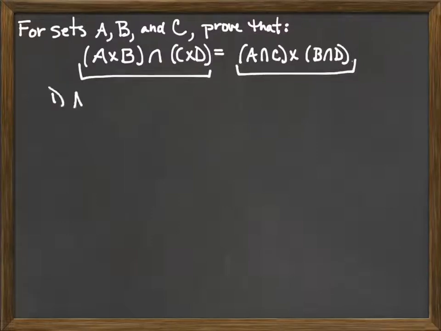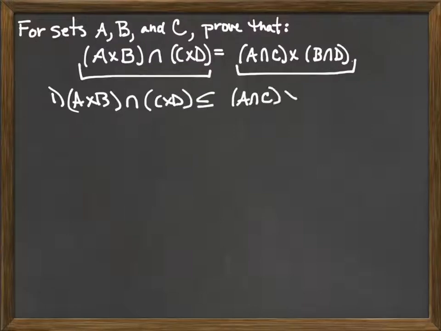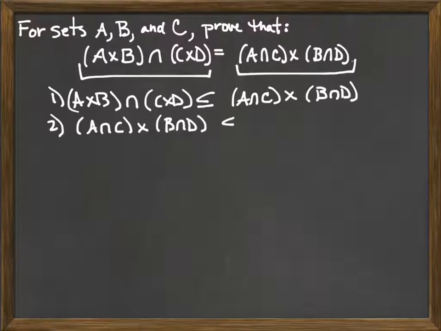We will need to show that A cross B intersect C cross D is a subset of A intersect C cross B intersect D, and we need to show the other one, that A intersect C cross B intersect D is a subset of A cross B intersect C cross D. So once we have shown both of those things, we can conclude that those are equal.